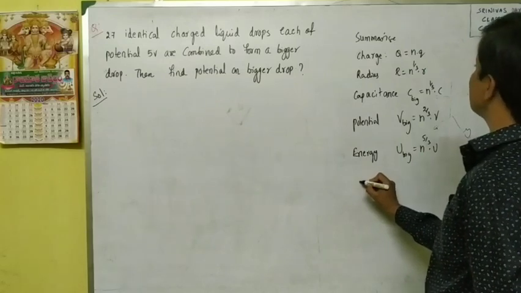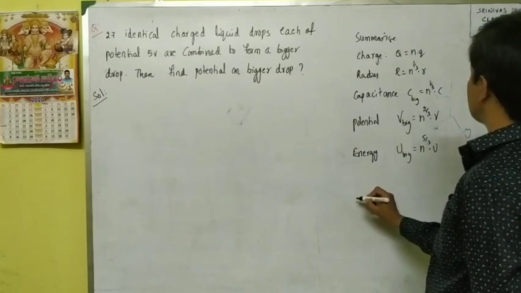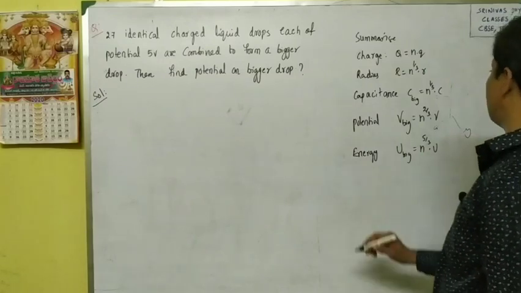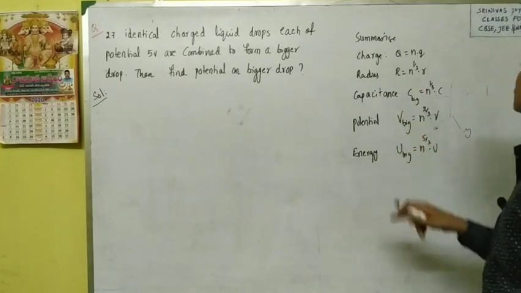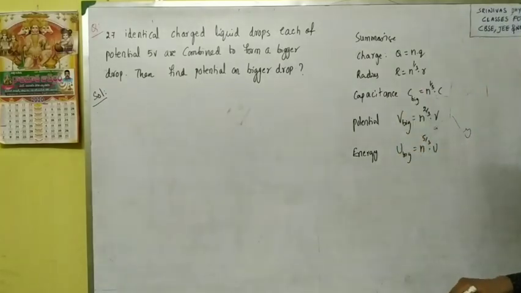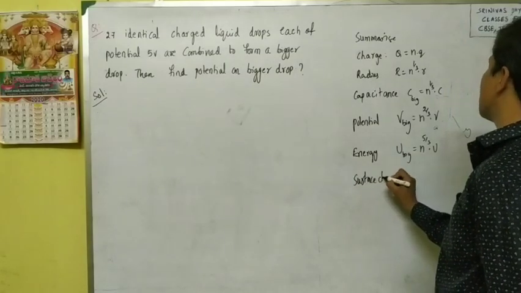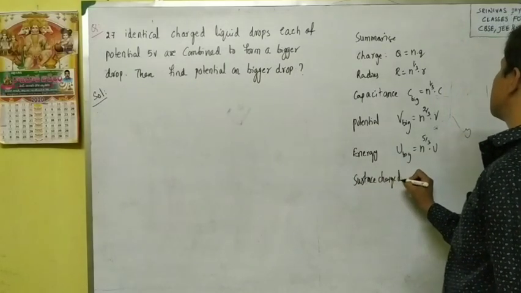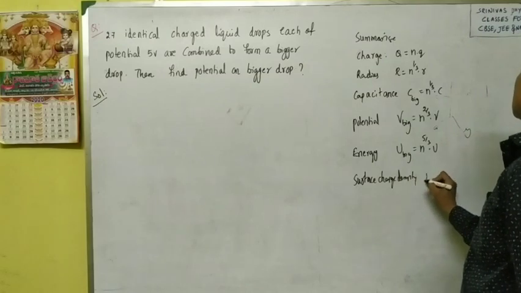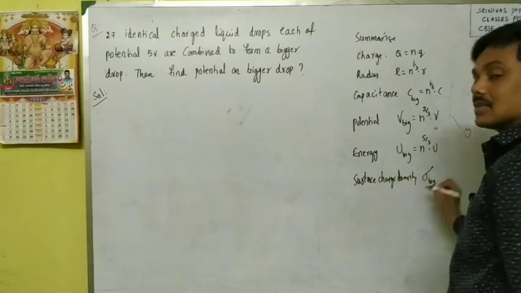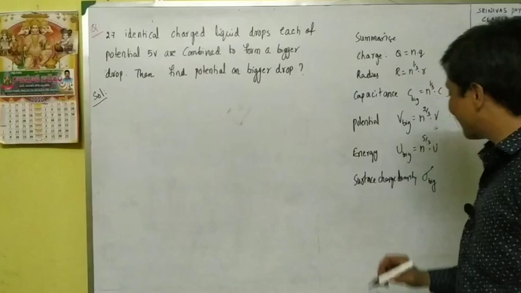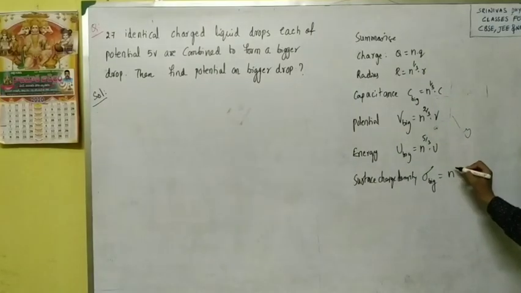And at last we derived the charge, radius, capacitance, potential, energy stored, and surface charge density, right? What is the surface charge density on the bigger drop? Yes, can you tell? N power, tell me.